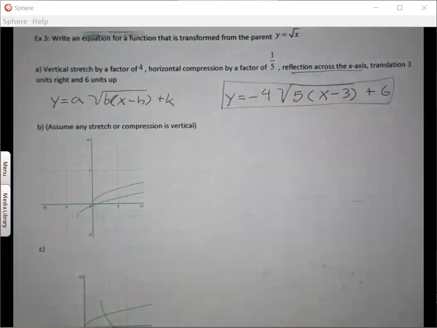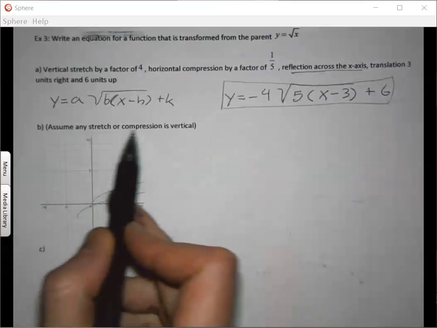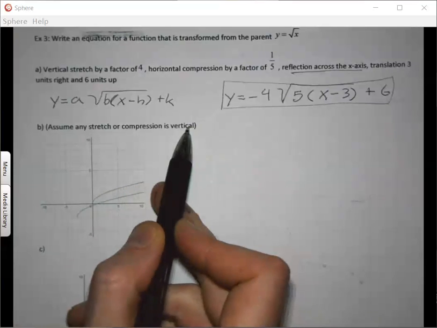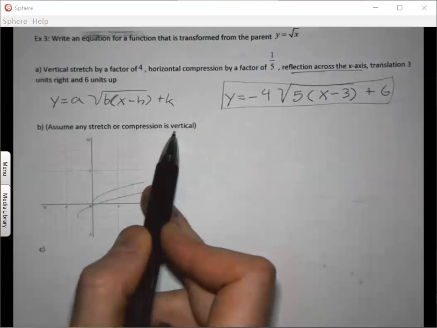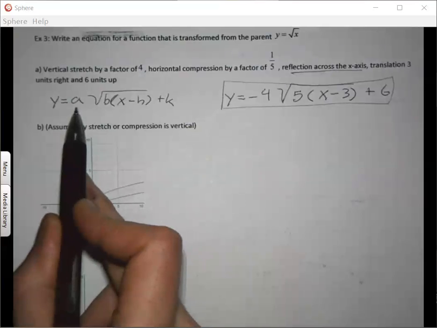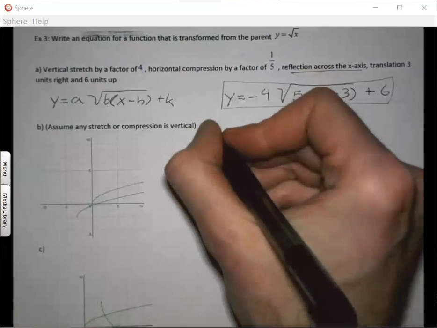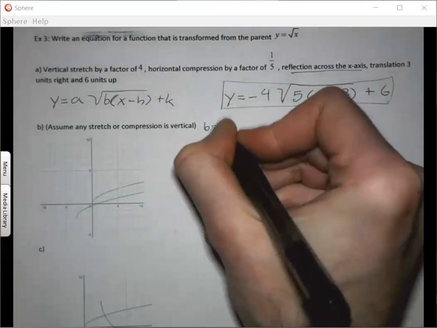So B and C, we're going to write the equation given a graph. The instructions say to assume any stretch or compress is vertical. So if all stretch and compress is vertical, it means it's all going to be A values. It's another way to say that our B values are 1.